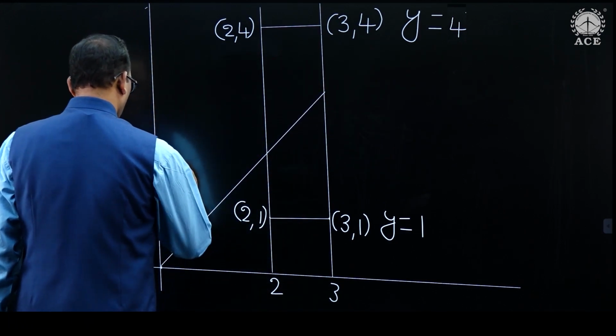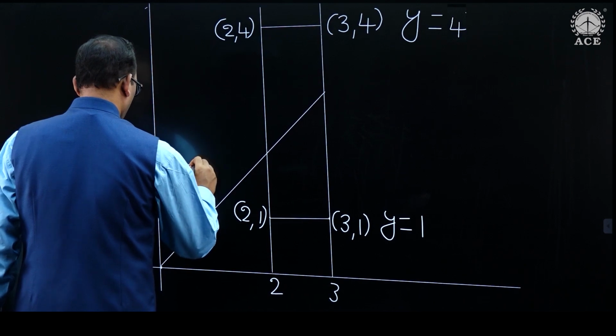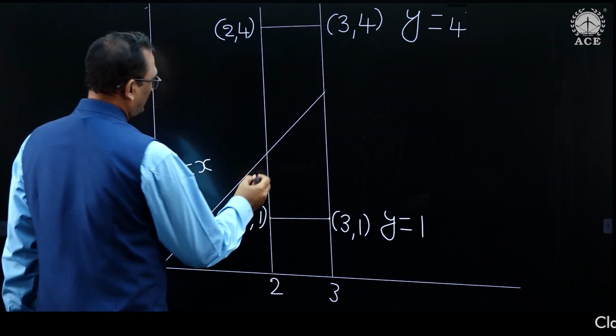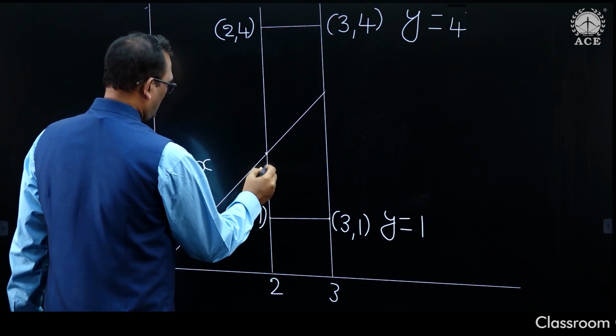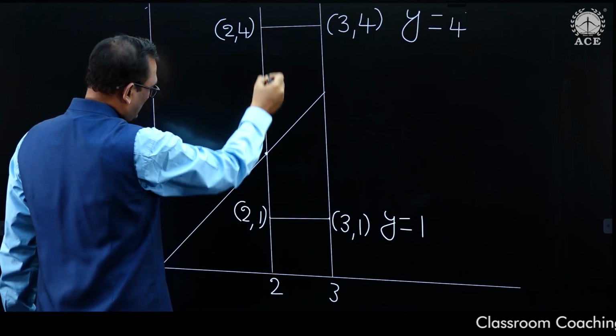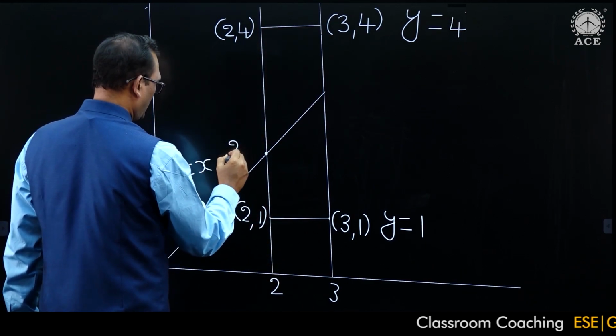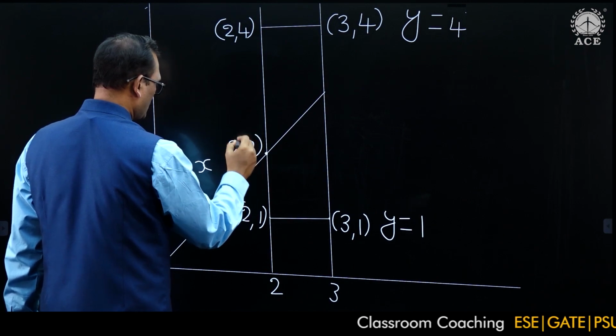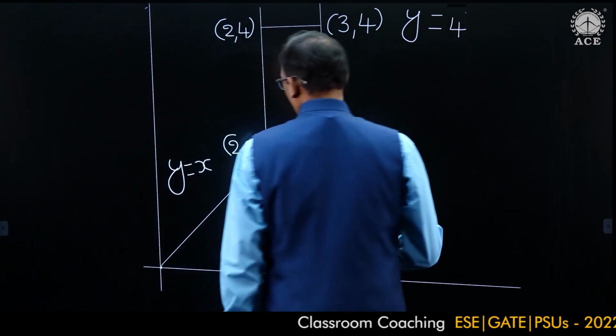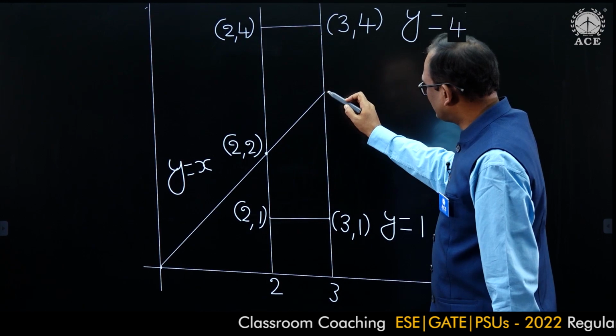It intersects the x is equal to 2 line at 2 comma 2, because the y and x coordinates are same.